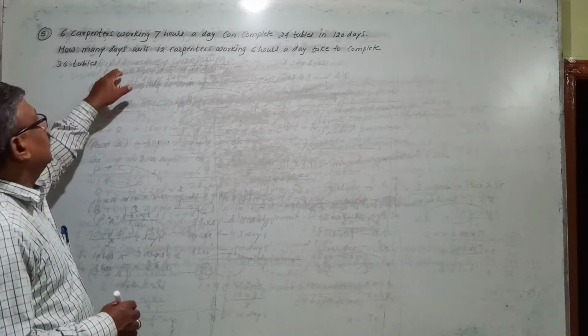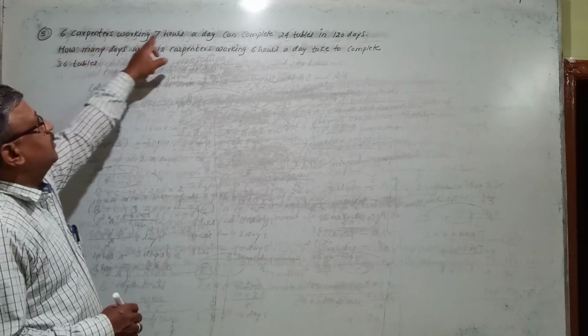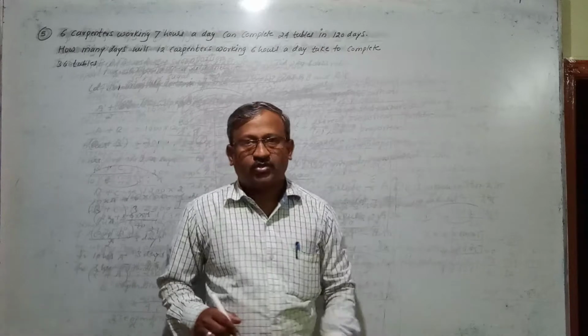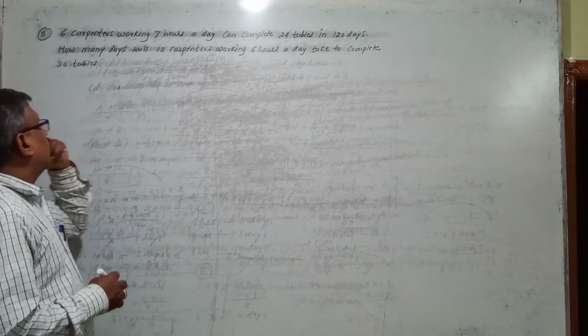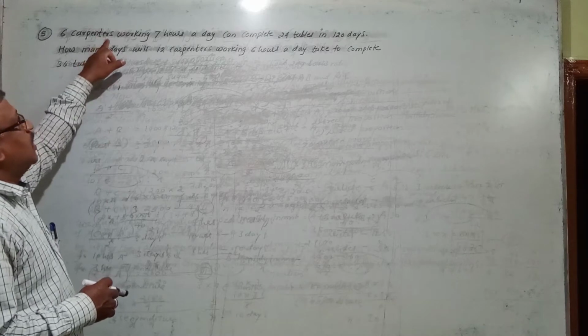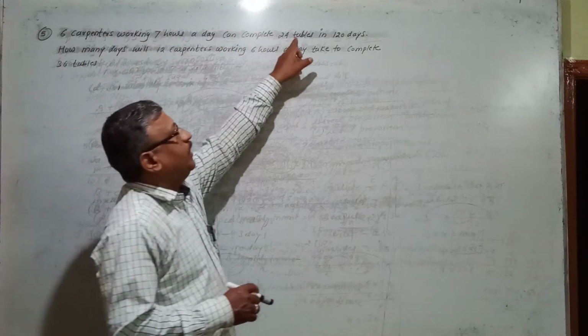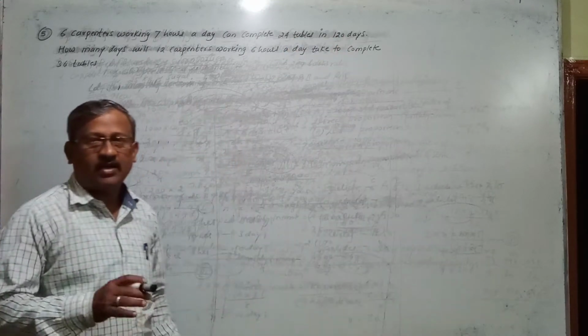So how many ratios do we have here? 4 ratios. One is the carpenters, then second is hours, then tables, and number of days. So 4 ratios are there. Here what they have said: for 6 carpenters, if they work 7 hours daily to complete 24 tables, how many days are required? 120 days are required.